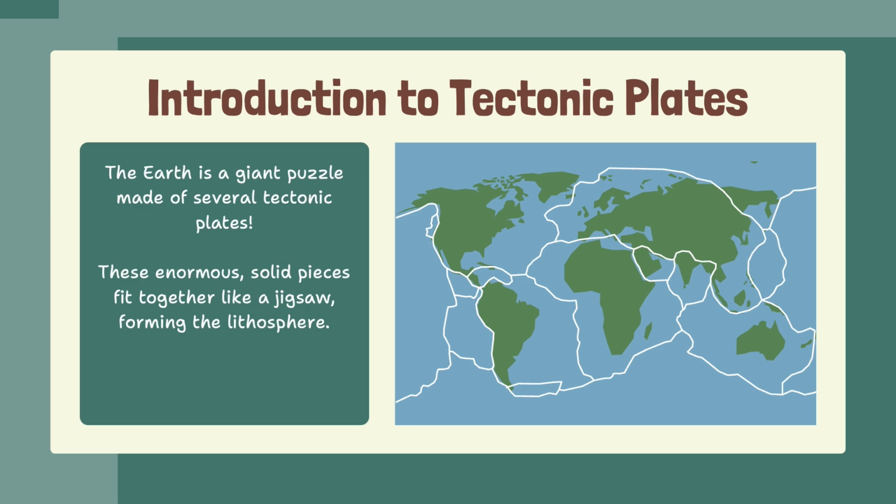And as I said earlier, they are moving. The rate can be up to 30 centimeters per year. That seems slow, but it's actually quite fast if you think of how old the earth is.